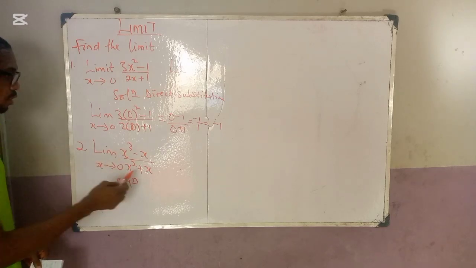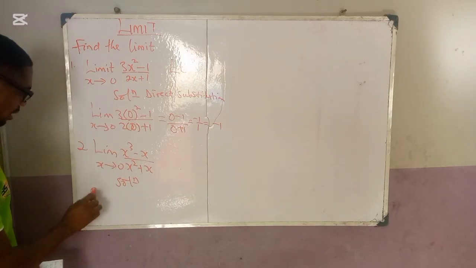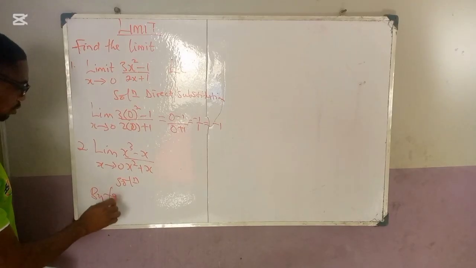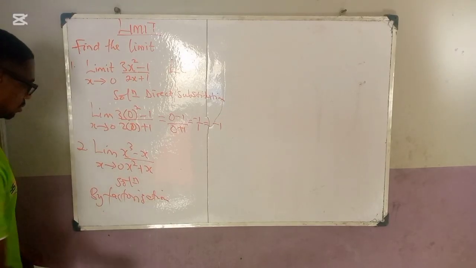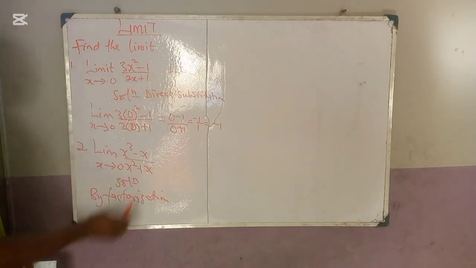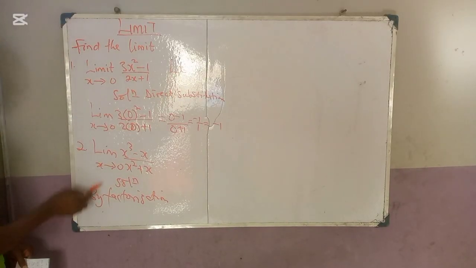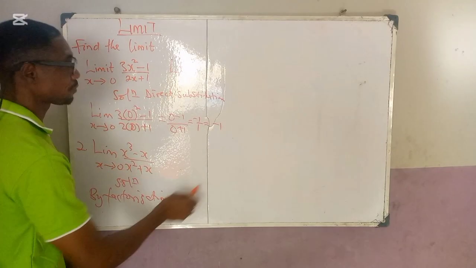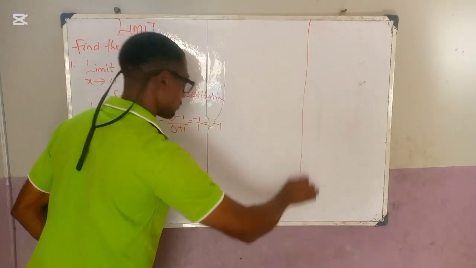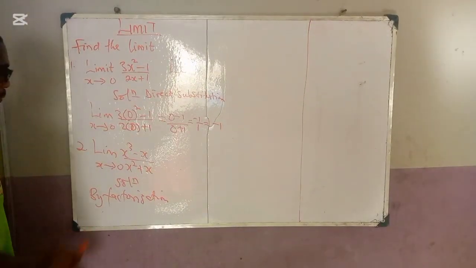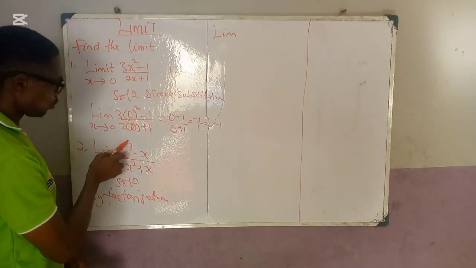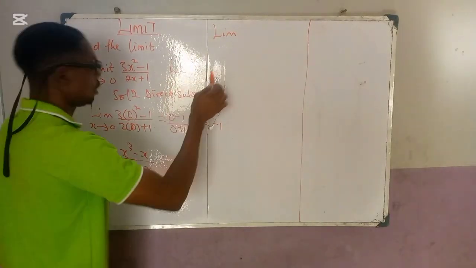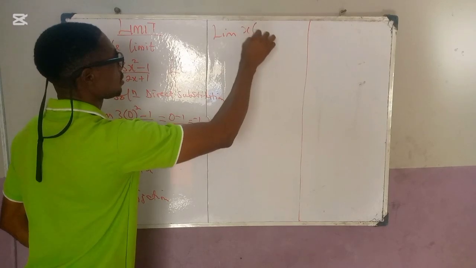You can factorize. So by factorization, yes, the first was direct substitution, this is by factorization. We have the limit of x^3 minus x. What is common there is x.